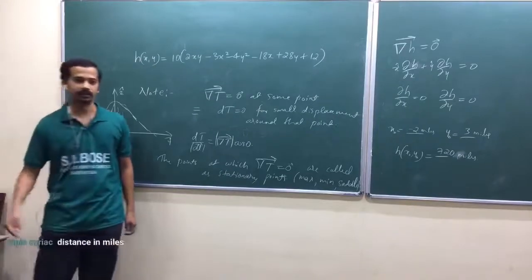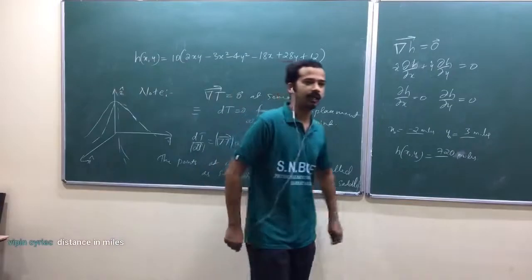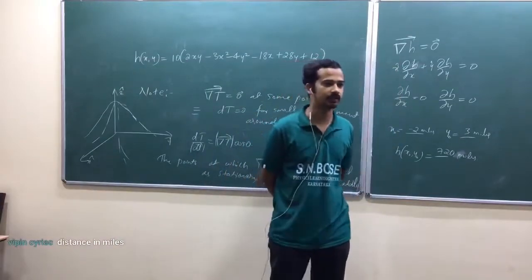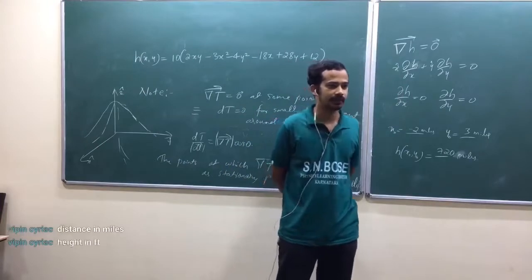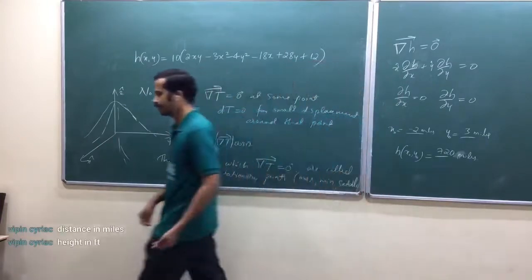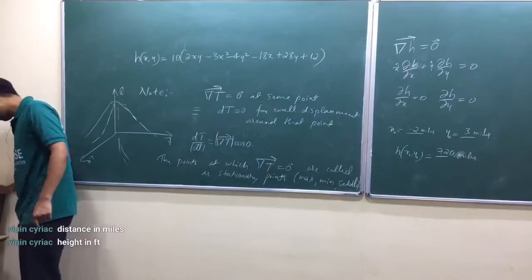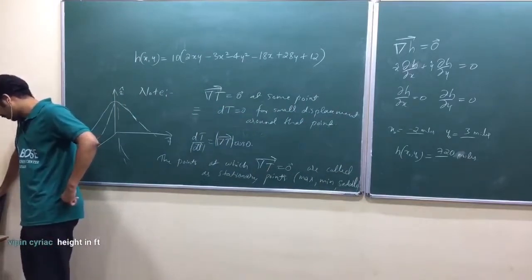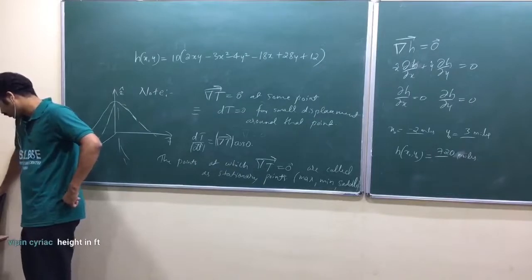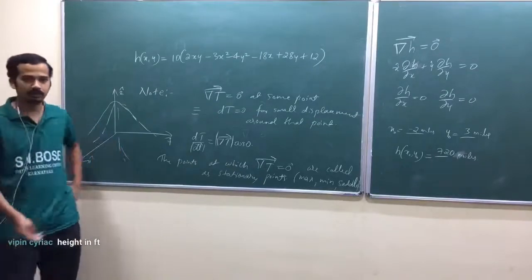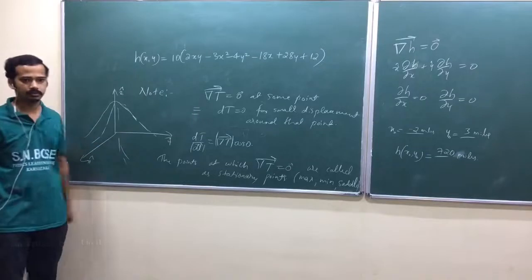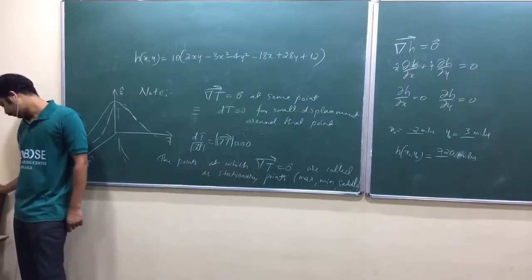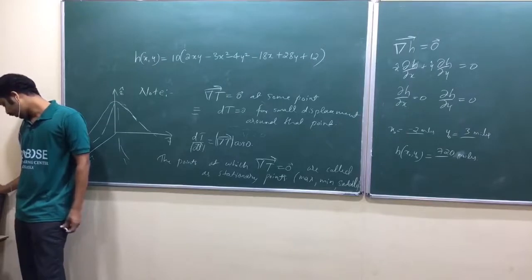And you have to find the magnitude of the gradient at that point of x and y. Read the question carefully. Both are perpendicular, am I right?